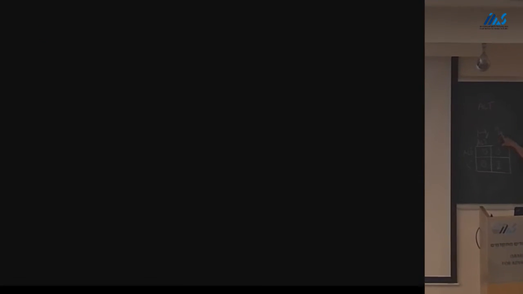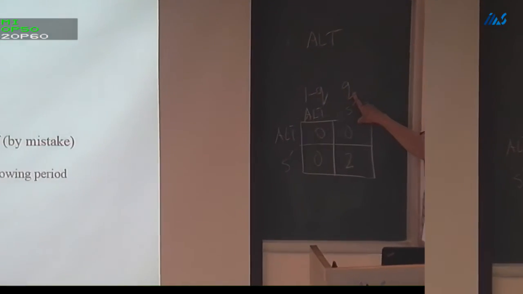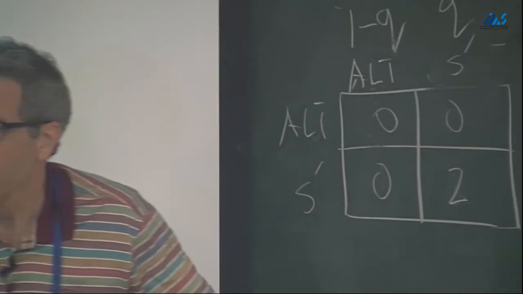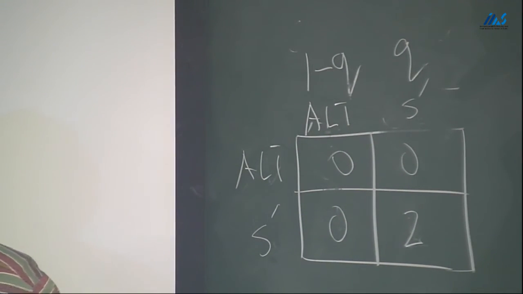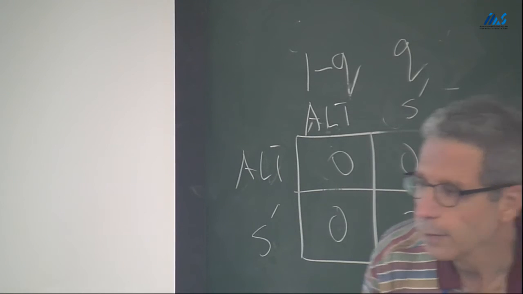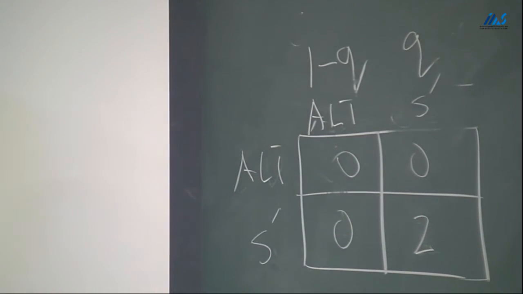And so again, if Q is positive, even if it's small, S prime will successfully invade a population of alt. Assuming a positive probability of mistake.